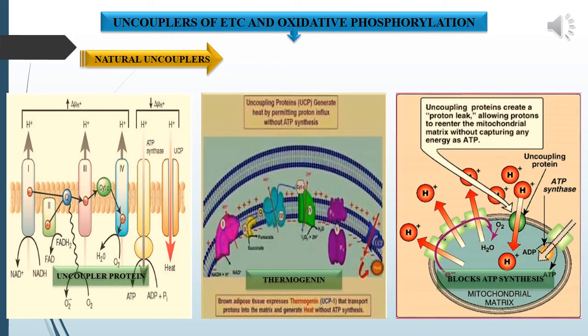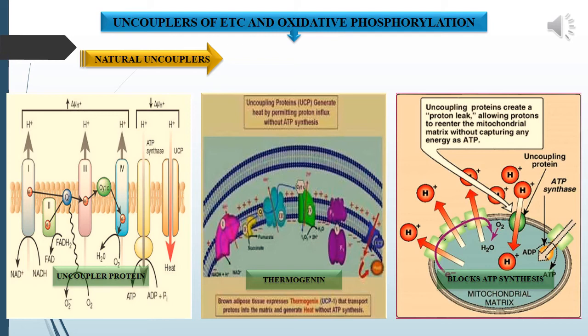It causes the inner membrane to permeate more protons from the intermembrane space to the matrix. So the proton gradient is reduced, which causes blockage of ATP synthesis.